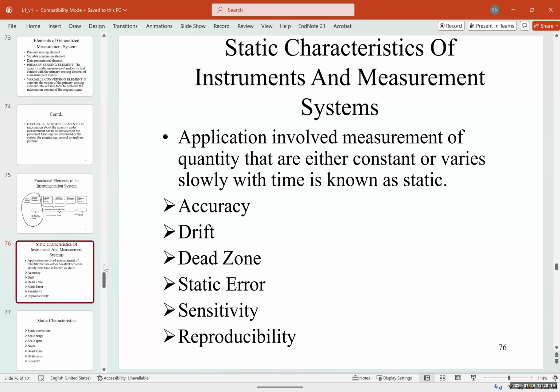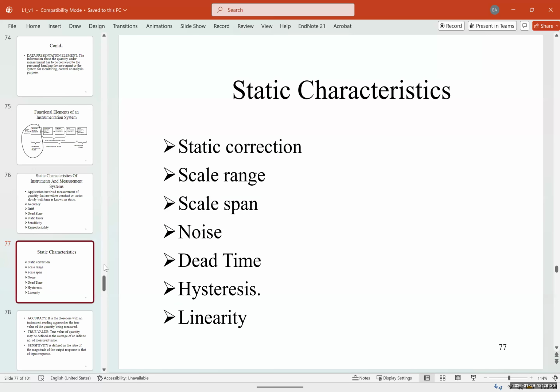We also have other characteristics. This is just some of them, such as the static correction, the range, span, noise, dead time, hysteresis, and linearity.